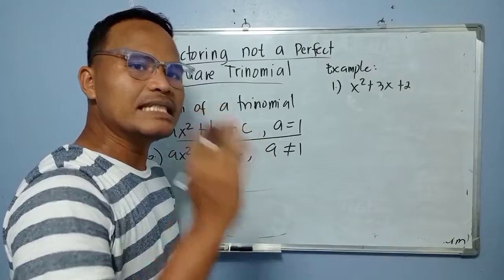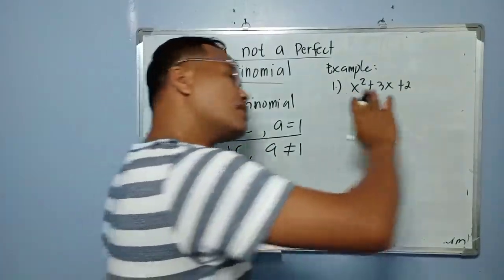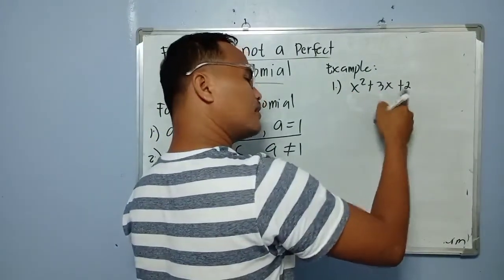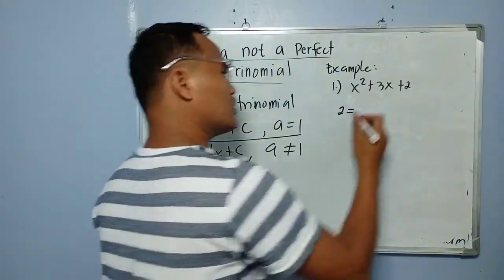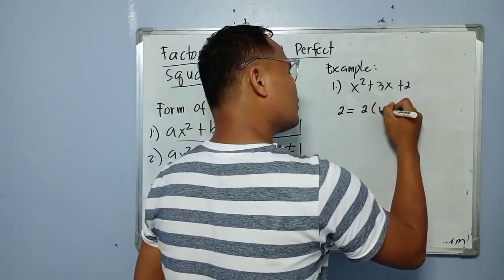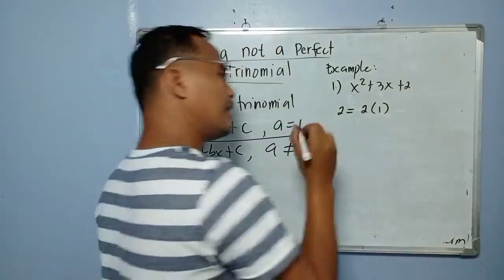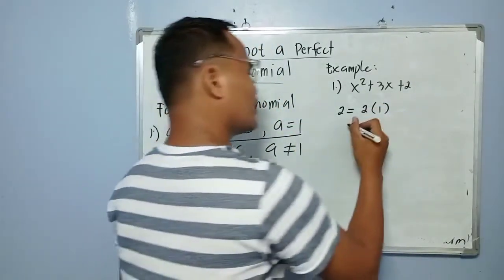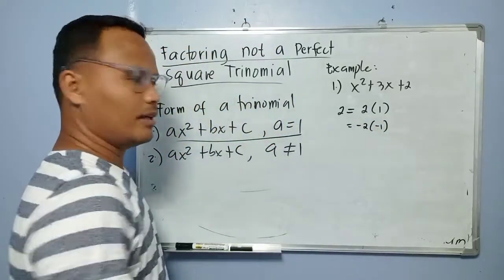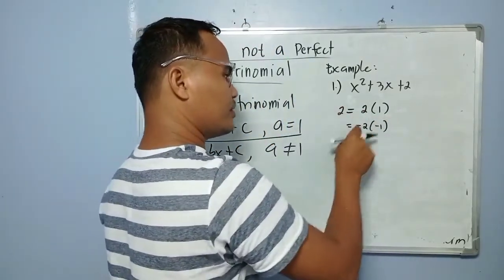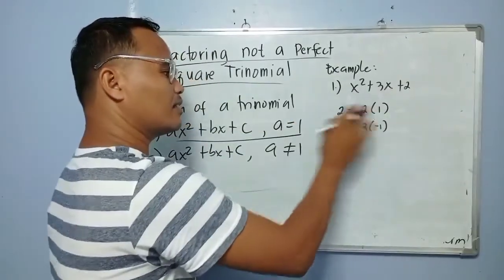You are going to list all the factors of the third term. Our third term is 2, so list all the factors of 2. We have 2 times 1, which is 2. We also have negative 2 times negative 1, which is 2. So these are the factors of 2.